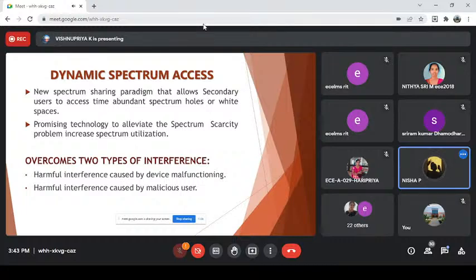Spectrum sharing is a paradigm that allows secondary users to access time-abundant spectrum holes or white spaces. It promises technologies to alleviate the spectrum scarcity problem and increase spectrum utilization. It overcomes two types of interference: harmful interference caused by device manipulation, and harmful interference caused by malicious users.